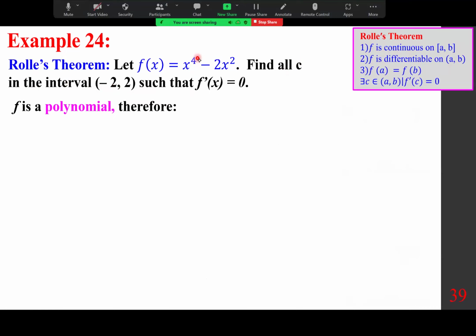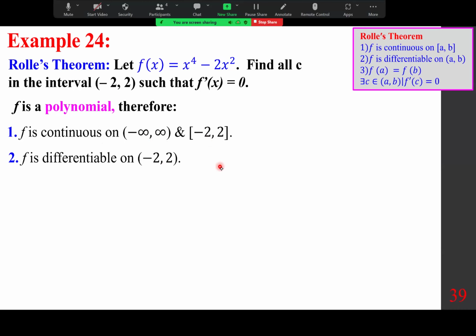Therefore, it is continuous and differentiable everywhere from negative to positive infinity. Therefore, it's continuous in the closed interval of -2 to 2 and differentiable in the open interval of -2 to 2. Why is that? It's a polynomial.